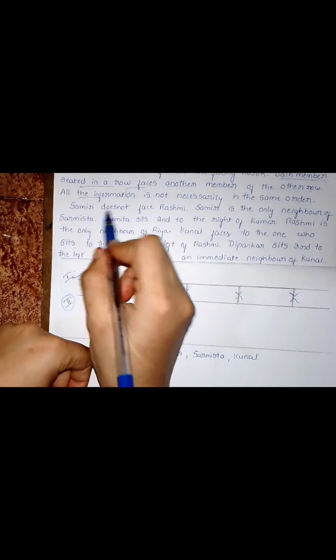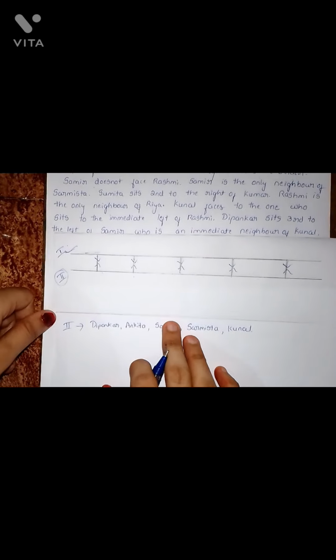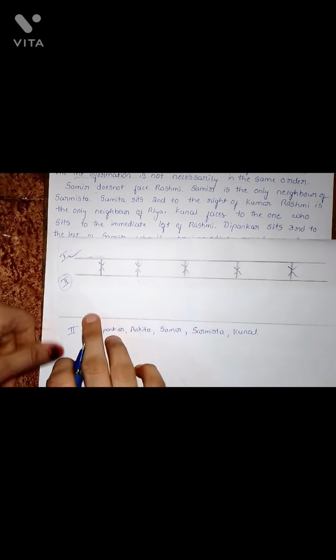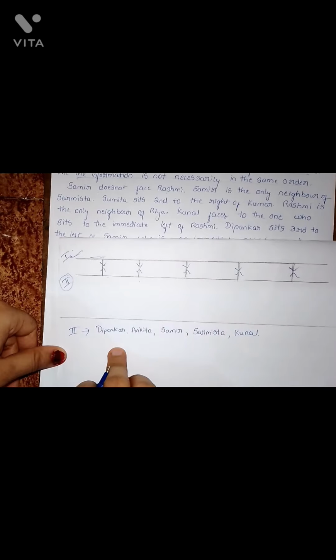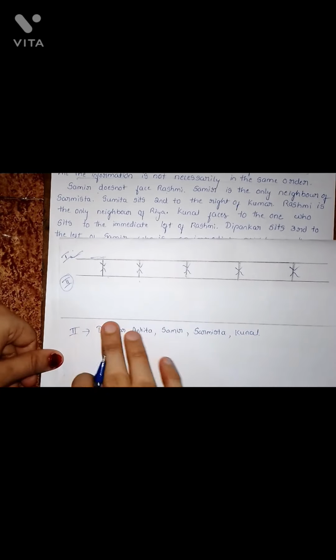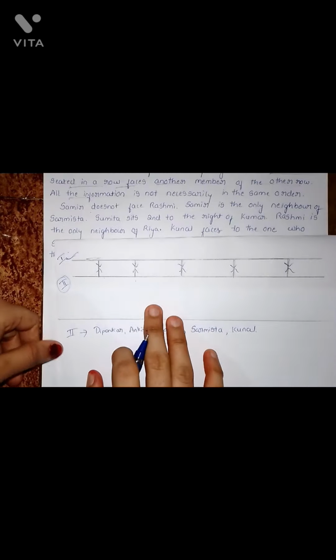Next: Samir does not face Rashmi. Samir is seated in the second row. So now I will tell you how naming separately is useful.